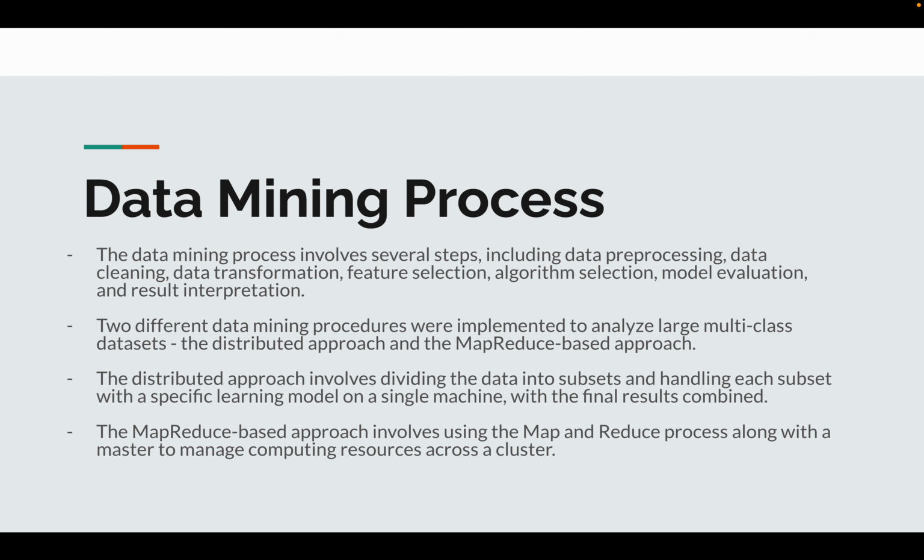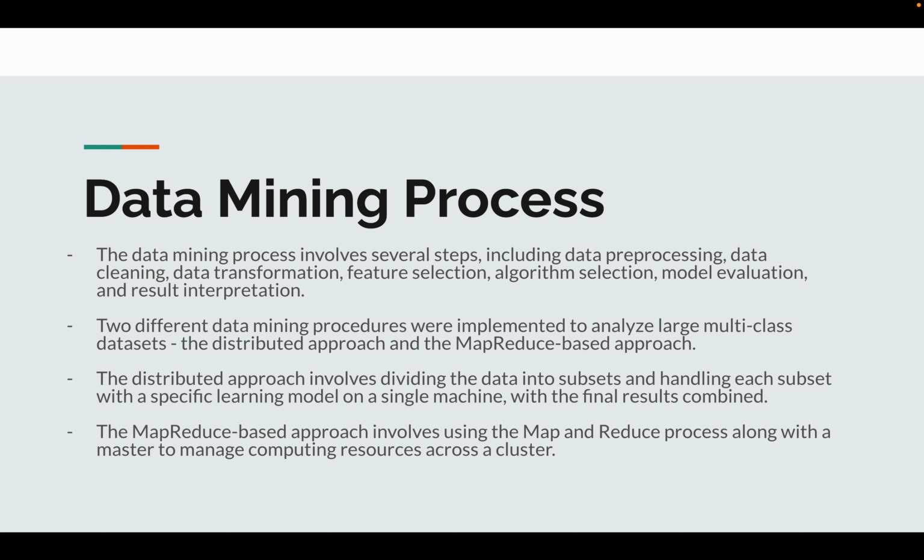The data mining process is a set of sequential steps that are performed to extract useful information and patterns from large datasets. The data mining process involves several steps, including data processing, data cleaning, data transformation, feature selection, algorithm selection, model evaluation, and result interpretation.